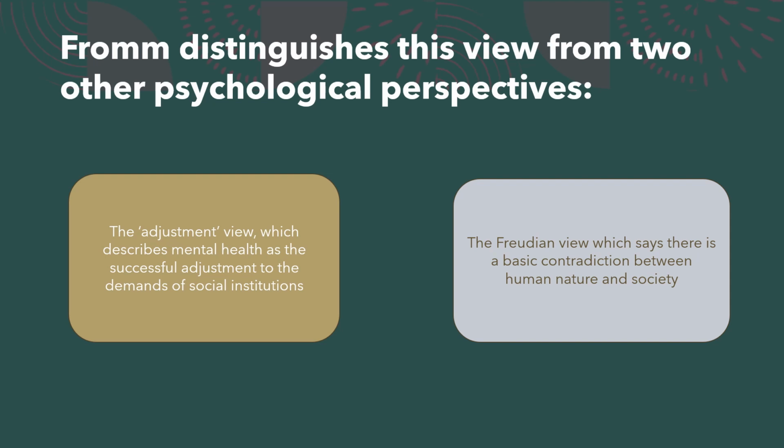Now, Fromm argues that Freud only adopts this position because he is convinced that the characteristics of the society he lived in are essential features of any society. Freud lived in a very capitalist and a very patriarchal society.